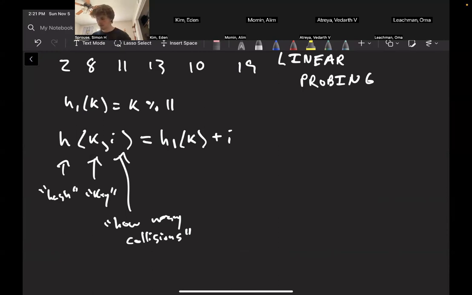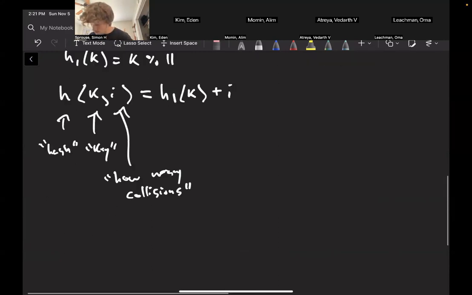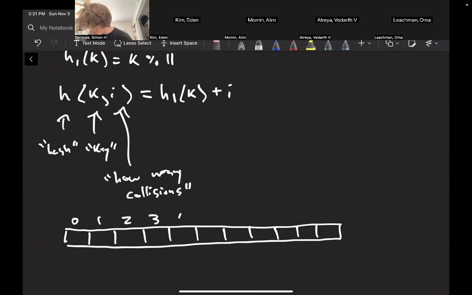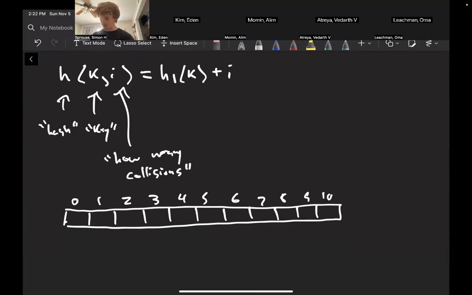So this is like saying, if we've got our hash map here, and let's stick with 11 elements still. So 1, 2, 3. So I'm just going to write this out one more time. So yeah, this handles the same collision problem.